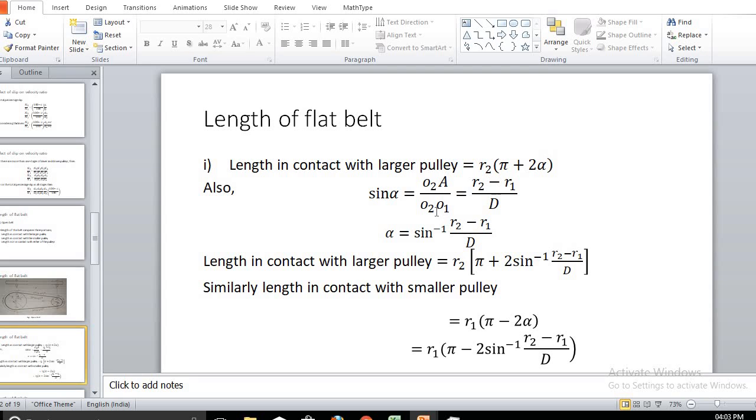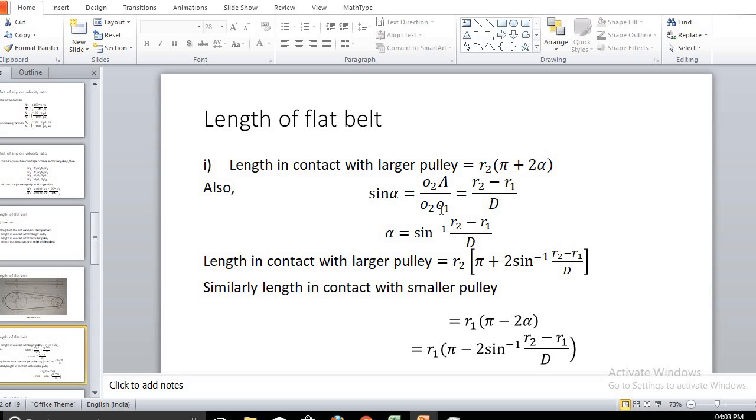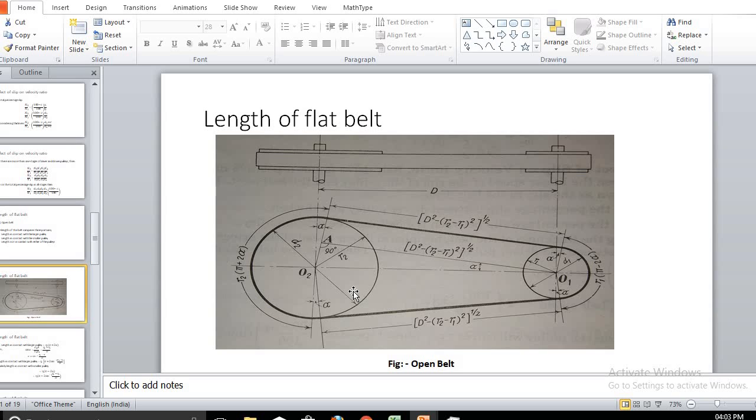This alpha is O2A by O2O1. This angle and this angle are the same, so sin alpha is equal to O2A divided by O2O1. O2A is R2 minus R1, where this is the total R2 and this is R1.